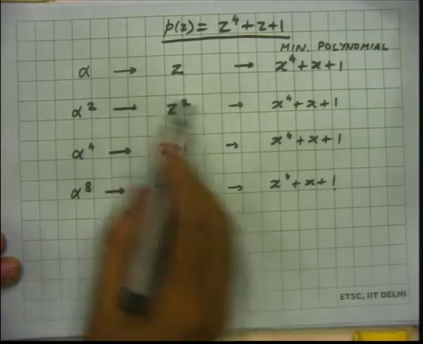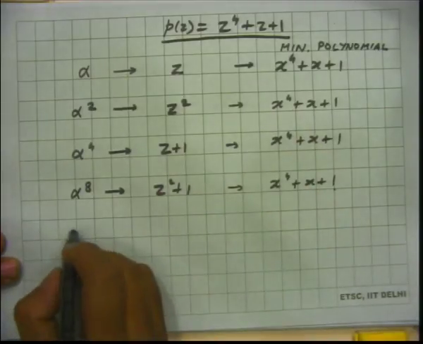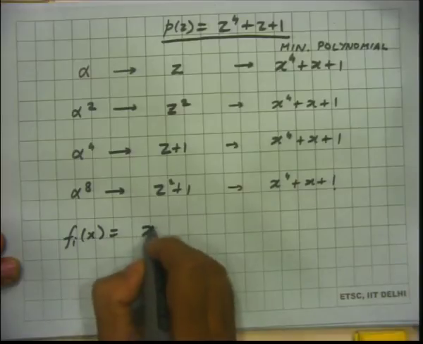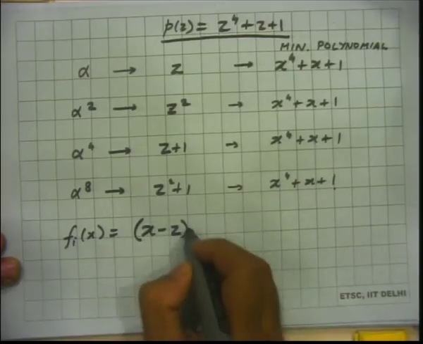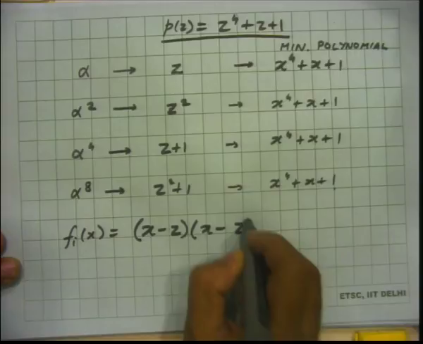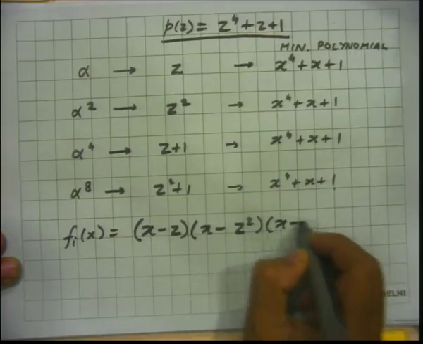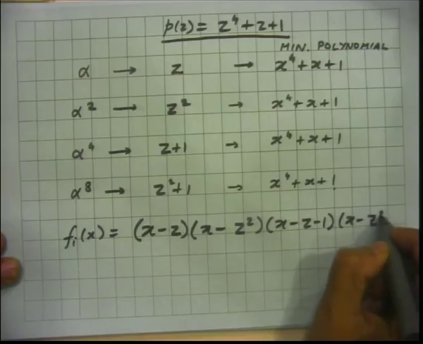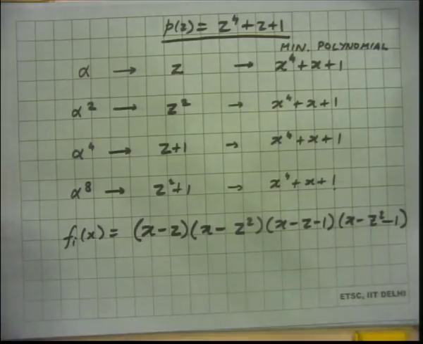Now, if you want to look at it, your f1(x) is nothing but (x minus z) into (x minus z squared) into (x minus z minus 1) into (x minus z squared minus 1). Please note what we have done.